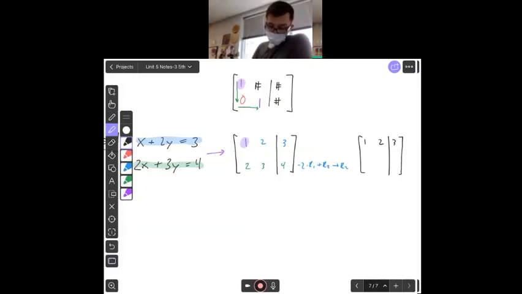Now I said I was going to do -2 times row 1, so I need to figure out where to put that. Again, I like to put it as close as possible to the thing I'm adding it to. I'm going to put that -2 times row 1 there, making sure I grab these numbers and multiply them by -2. That'd be -2, -4, -6.